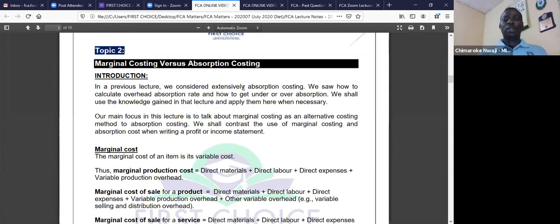Now, what is marginal costing? Marginal costing is an alternative costing method to absorption costing. So when we say that absorption costing is a full costing method, marginal costing is not a full costing method.